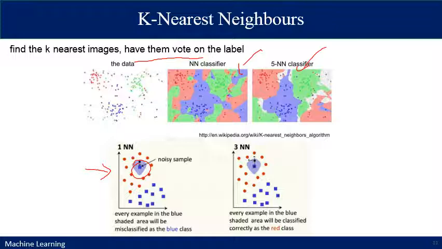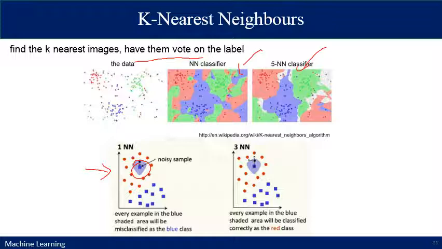So every example in the blue shaded circle will be misclassified as the blue class because the nearest neighbor will be the blue class.